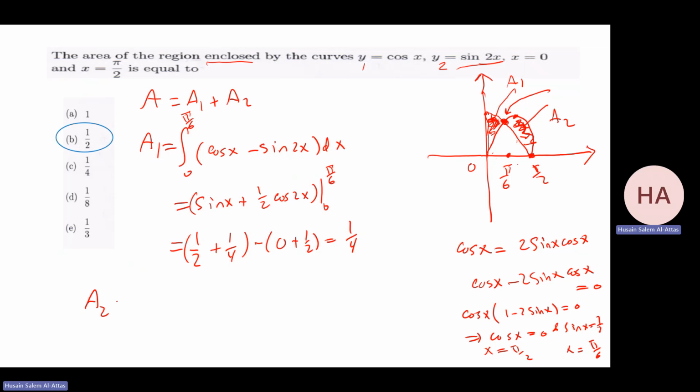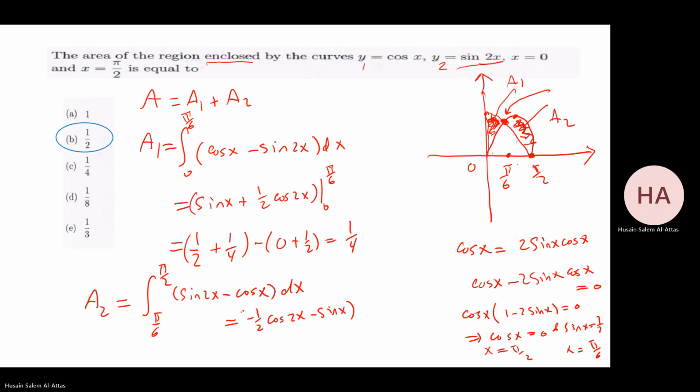The second area will be the integral from pi over 6 to pi over 2. Now the difference, the sine function minus the cosine function: sine 2x minus cosine x. Integrate, that will be minus half cosine 2x minus sine x from pi over 6 to pi over 2.